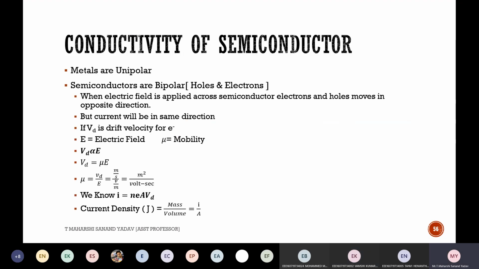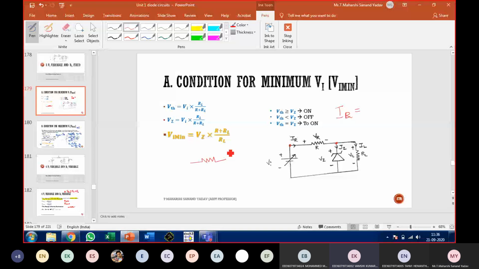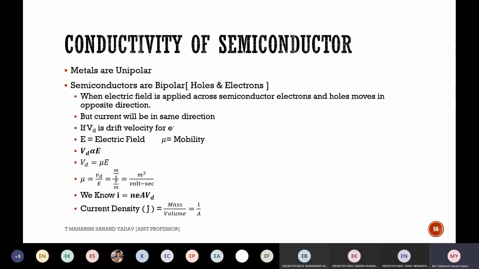Please try to check again, because if you are facing the issue, others should also face. It is showing only the 56th page of the PPT, sir. Conductivity of semiconductor, that much. Once you try to refresh your Teams app, because from yesterday onwards it is showing some issues, so it is automatically getting shut down. Try to clear your cache or clear data and log in again. I'll log out and log in, sir. Three times I have done it, sir.